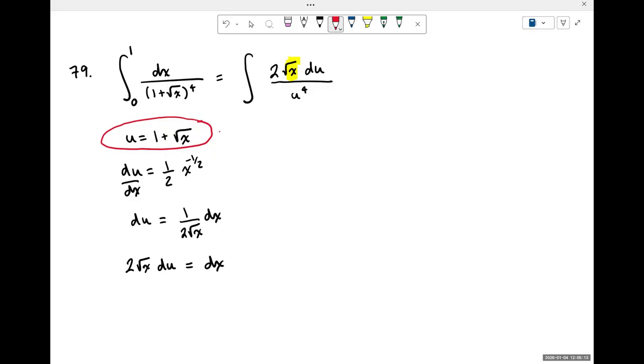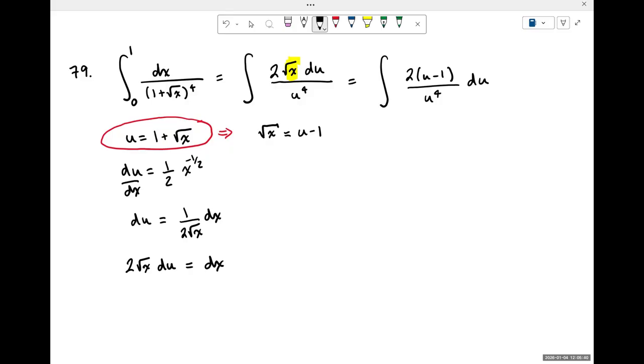So I can use this to write square root of x equals u minus 1. So then what I'll end up with is 2 times u minus 1 in the top divided by u to the 4th. Okay. All right, so that looks pretty good so far.